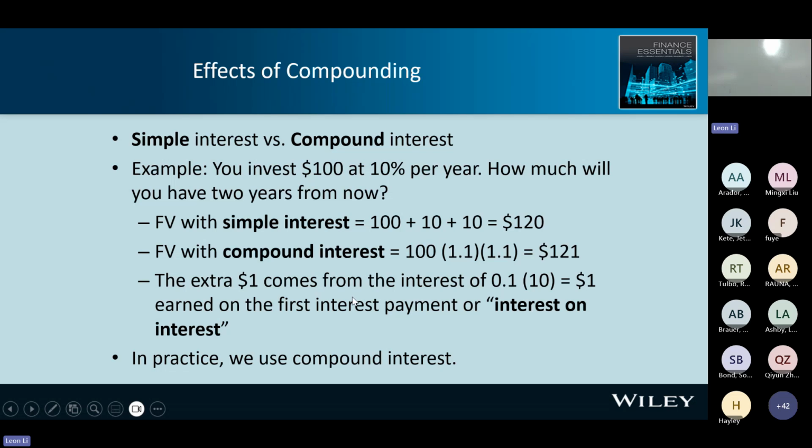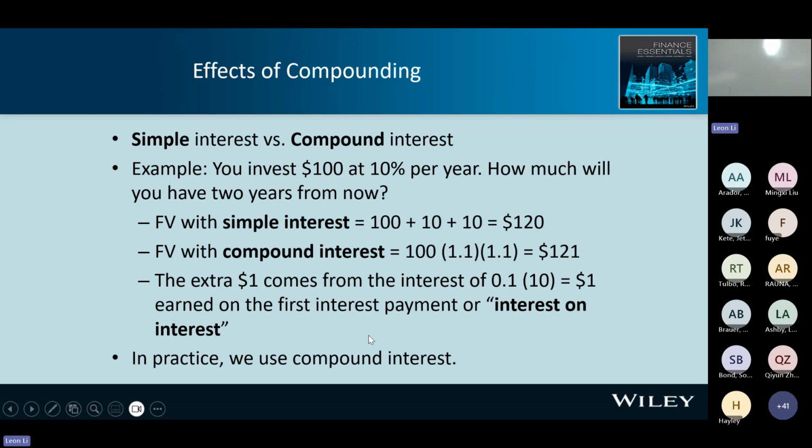The extra $1 comes from the interest of 0.1. That means in year 1 you have $10 for your interest, and your interest can earn interest. So we have interest on interest: $10 times 0.1, $1. This extra money, $1, comes from interest on interest.